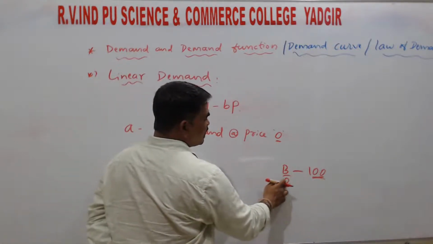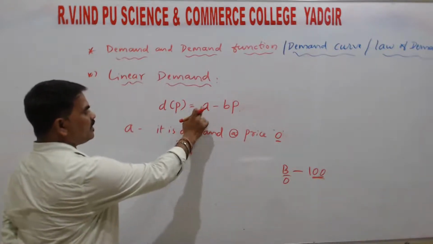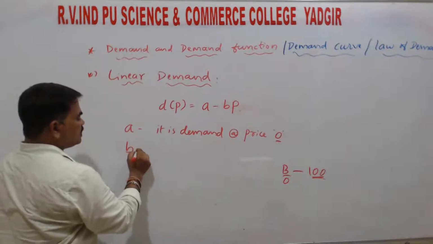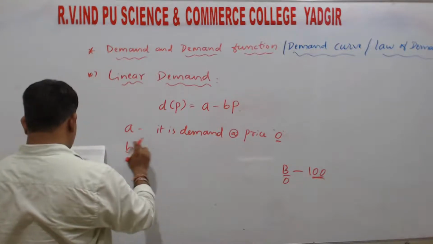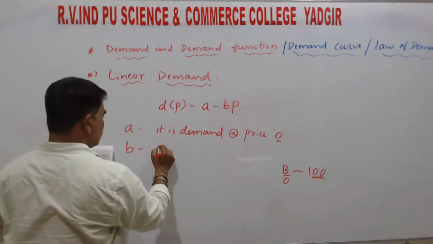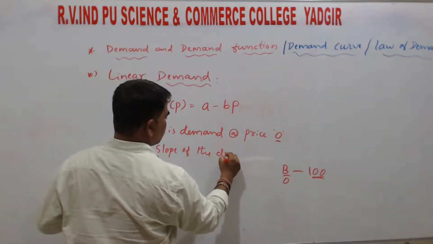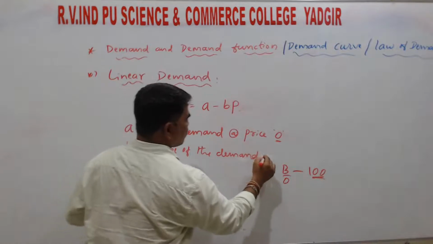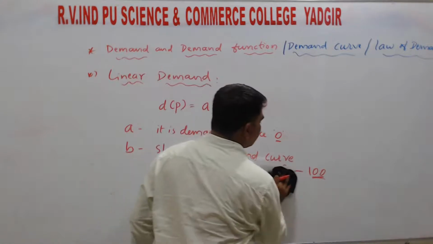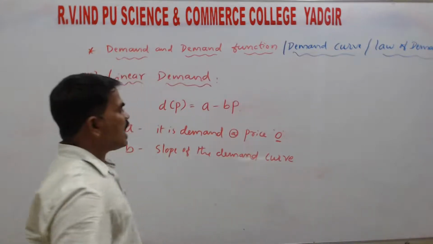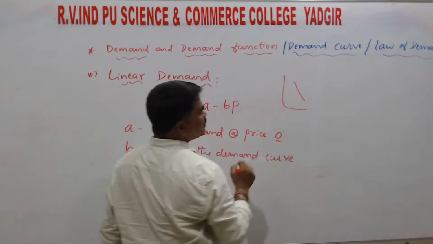If the price is 0, then the demand for this product, we call it A. Then B is the slope of the demand curve, and we know the demand curve is always negatively sloped.